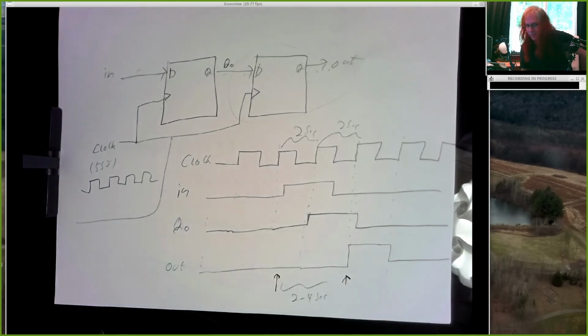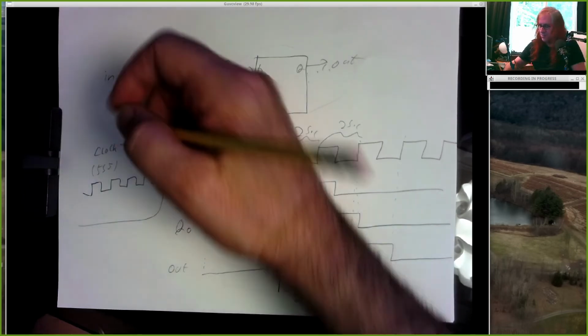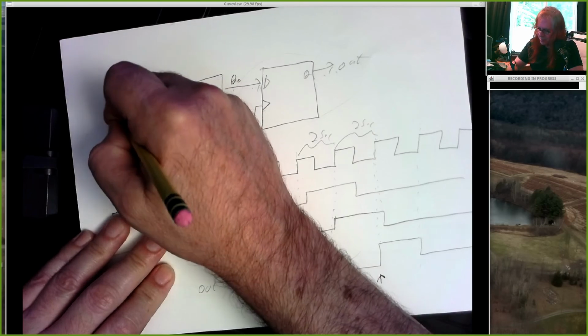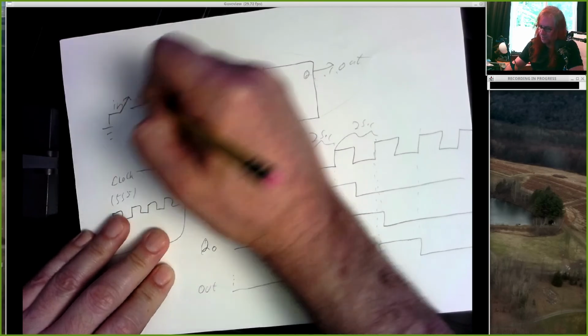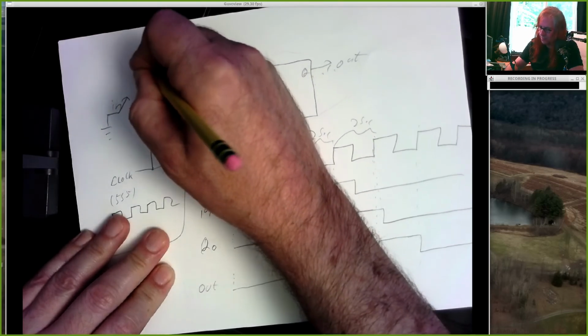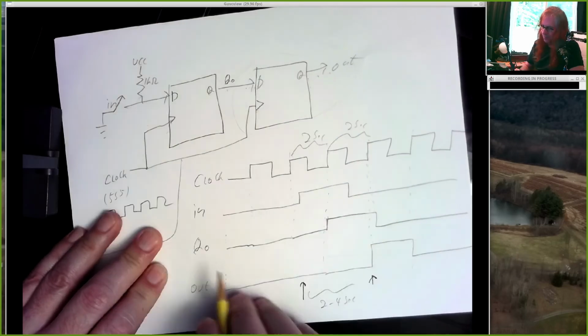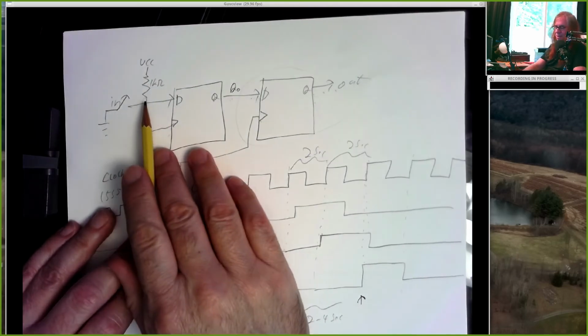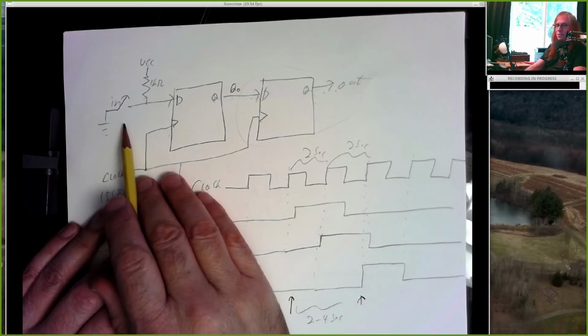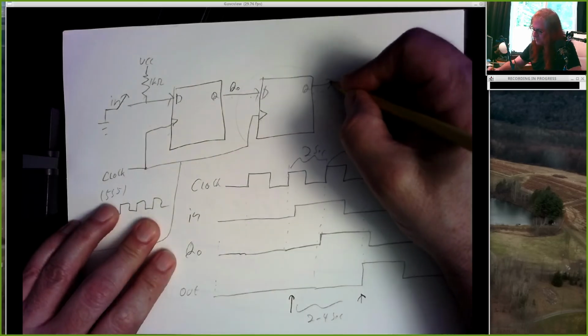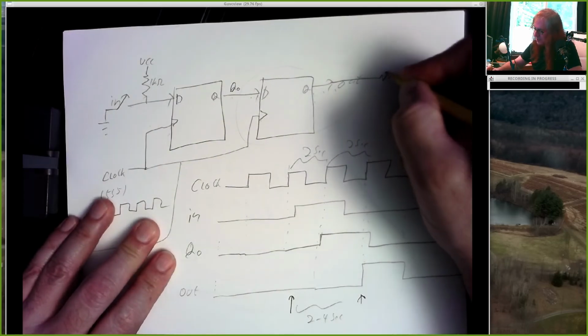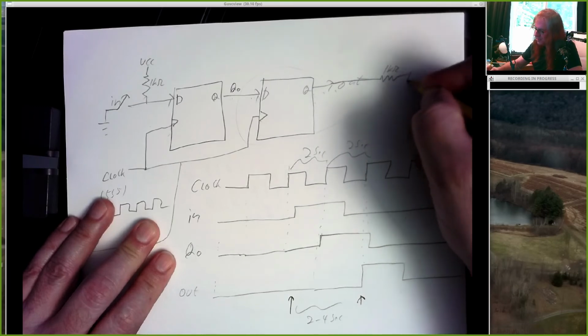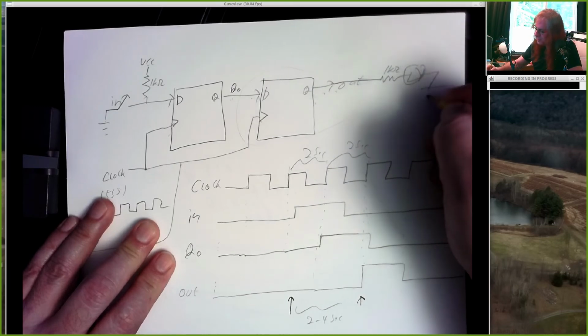So one thing you can do is take your input and hook a push button up to it. Pull your input up to 5 volts through a resistor, use a push button to ground it out, take your output through a 1K resistor, put it through an LED, run it to ground.